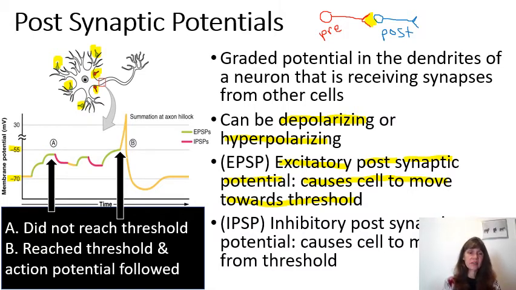So excitatory postsynaptic potentials move the postsynaptic membrane towards threshold.